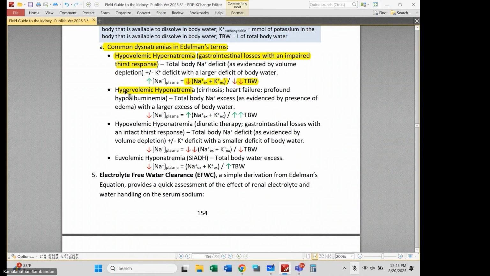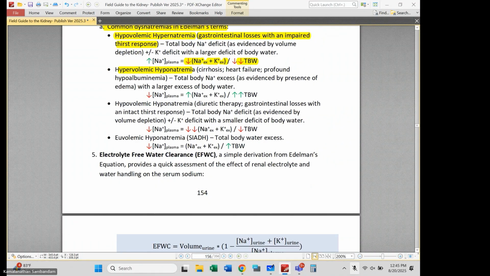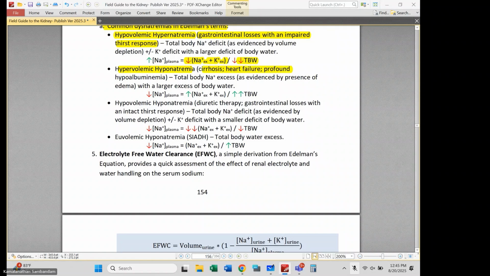Hypervolemic hyponatremics, the classic cirrhotic, heart failure patient or the nephrotic patient, those patients, if you're clinically hypervolemic, have a numerator that's big, okay? You have a salt excess. Even if your salt concentration is not high, your salt content is high.